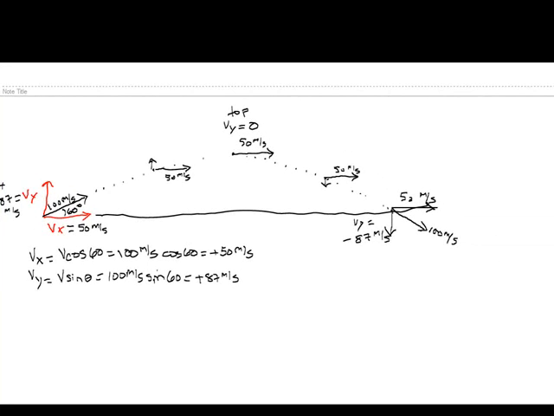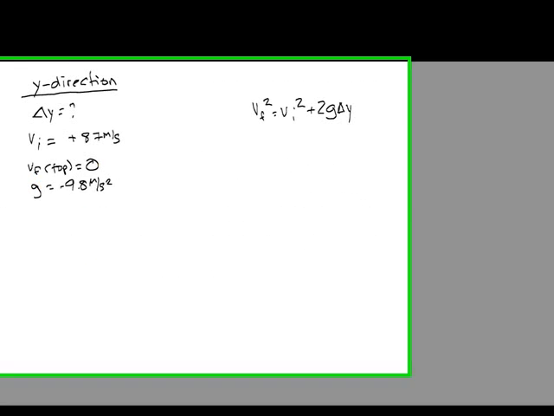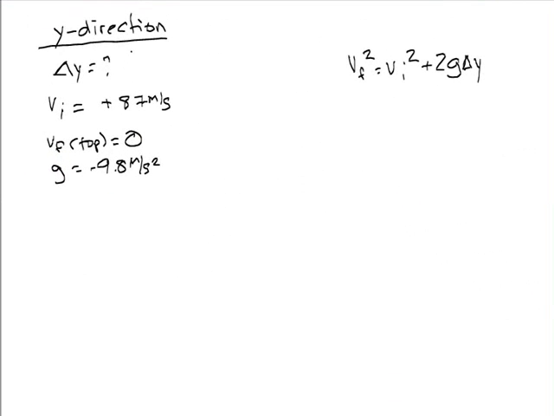The first thing we are asked to do is to calculate how high it rises. So, analyzing its motion in the y direction, we're looking for delta y. In the y direction, it starts out at positive 87 meters per second. At the top of its path, it has 0 velocity in the y direction, and g is negative 9.8 meters per second squared.